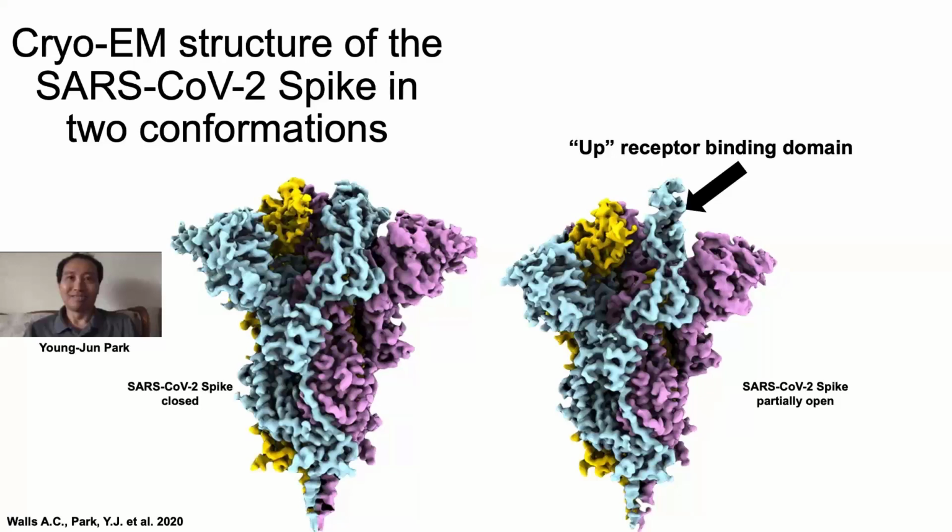This was a little different from what we had seen previously with the SARS coronavirus spike protein and the MERS coronavirus spike protein. Those two spikes we really saw in majority open conformations. So mostly we had 2 receptor binding domains up, we even had 3 receptor binding domains up. But the SARS-2 spike protein seemed a little more closed compared to those.